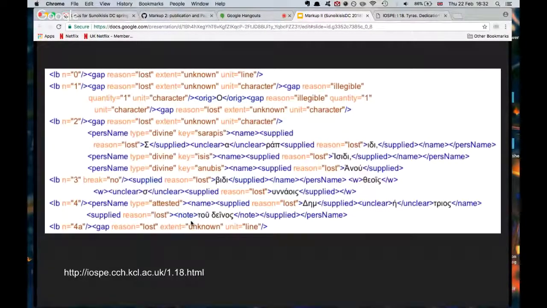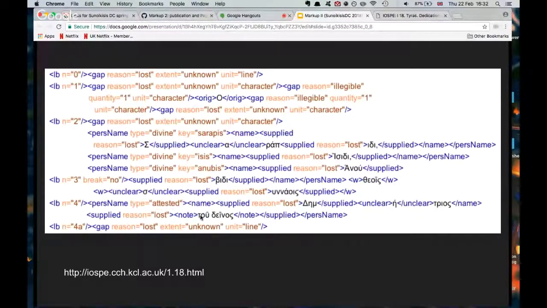So we have a supplied, and then, since that's an editor's comment rather than a restoration of something that actually existed, we've encoded it as a note saying Demetrios somebody, son of somebody. Meaning we're not attempting to restore his father's name or where he was from or anything like that.